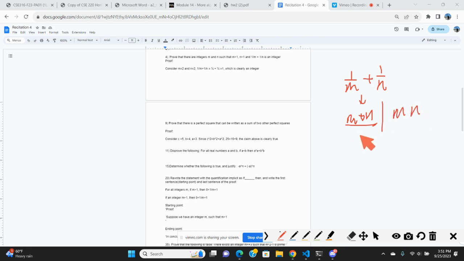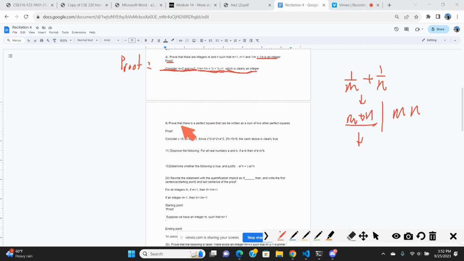The only example case is m equal to 2 and n equal to 2, in which case it adds up to 1, which is an integer. So officially, you write: Proof. Consider m equal to 2 and n equal to 2, which is clearly an integer, which proves the existential.